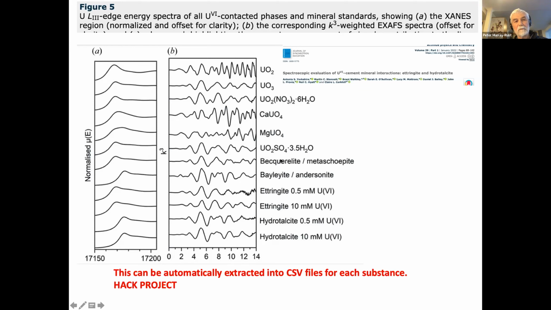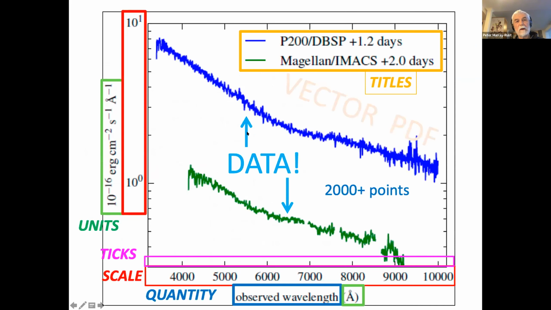Now, I'd hoped to be able to show it to you now, but I will certainly be able to show it to you probably tomorrow. Just to show we can do it, this is data from another project, it's astrophysics, but a typical plot contains lines and points, and then two axes with tick marks, numbers, quantities, and units.